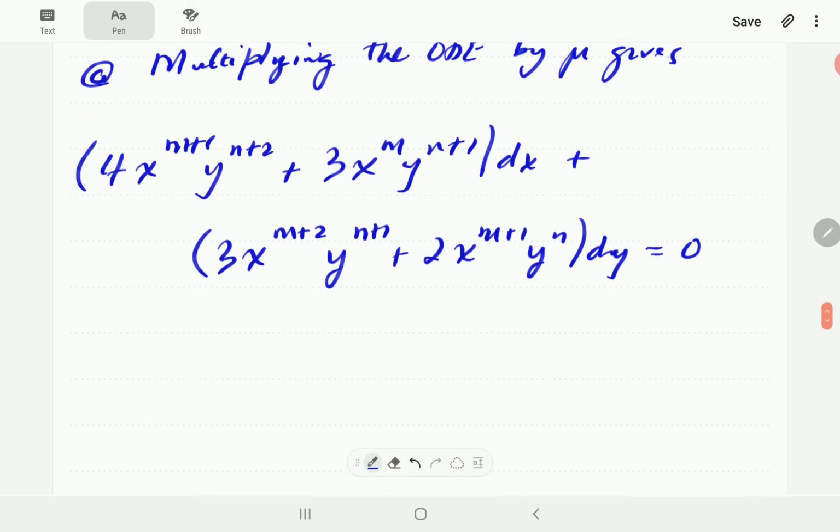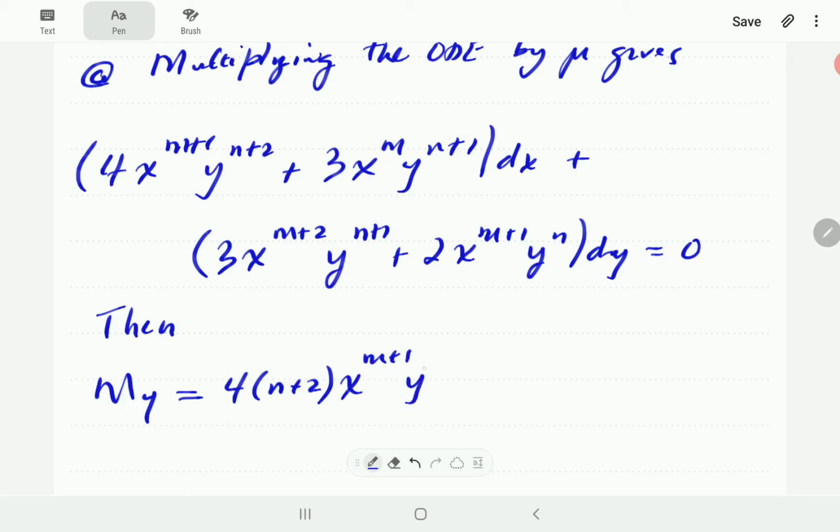And then from here, the derivative of M with respect to y. Here we're going to multiply by n+2 and subtract 1 from the power: x^(m+1) y^(n+1).